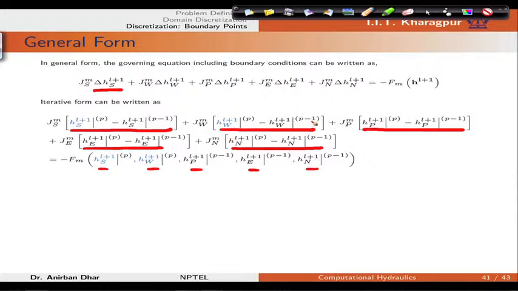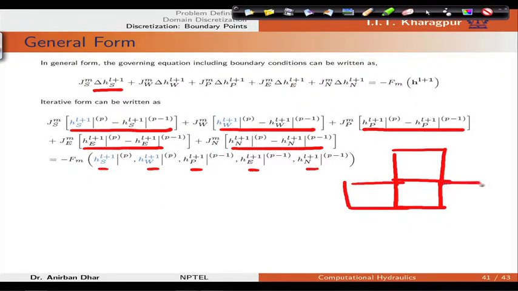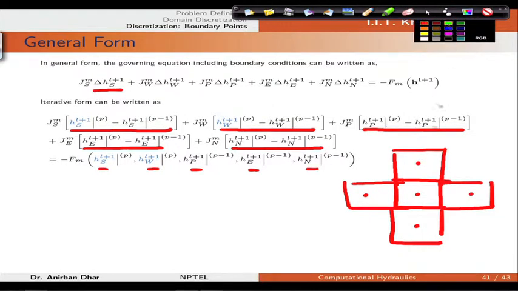Why? Because if we consider our problem, then we have central cell, which is our cell P, this is northern, this is southern cell, this is western, this is eastern.